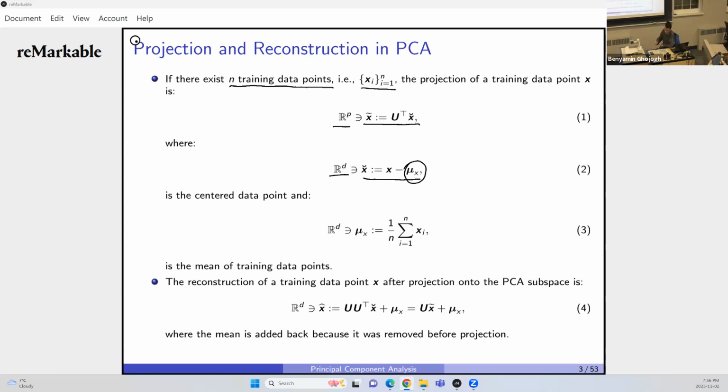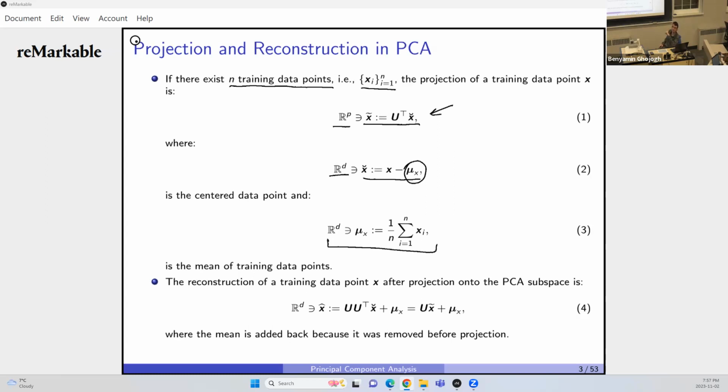According to the preliminaries, this projects X breve onto the column space of U. If U is truncated, meaning it has p columns rather than d, then we are projecting onto a p-dimensional subspace. The mean, mu X, is the mean of the training data points, and N is the number of training data points.